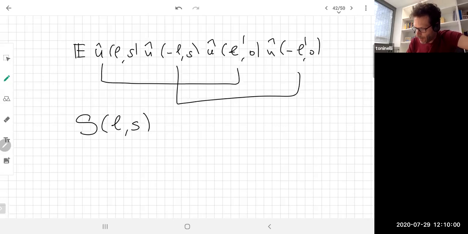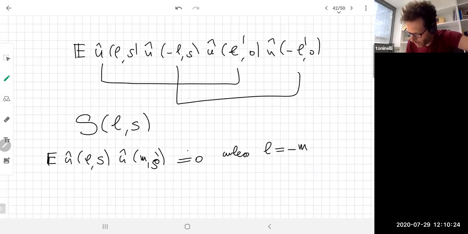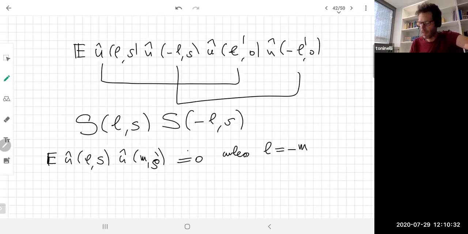When you contract two things, the momenta are forced to be one the opposite of the other. One thing that follows immediately from translation invariance of the law is that S is 0 unless the momenta are opposite. So when you contract like this, you get S of l s times S of minus l s. Okay, good.